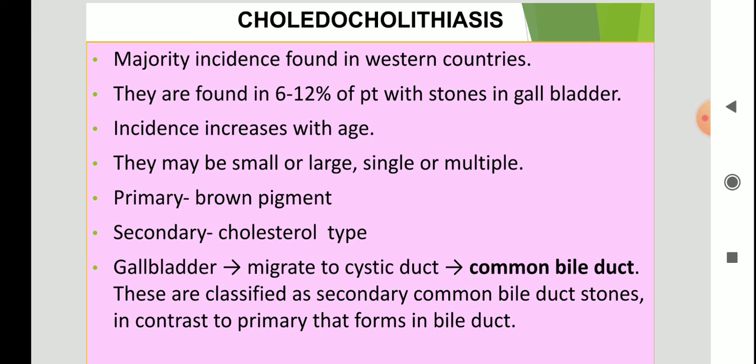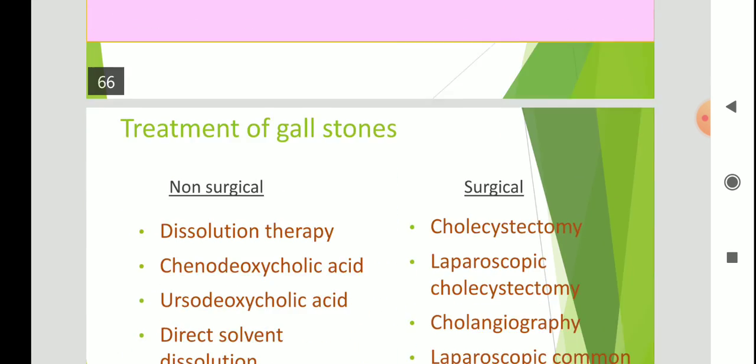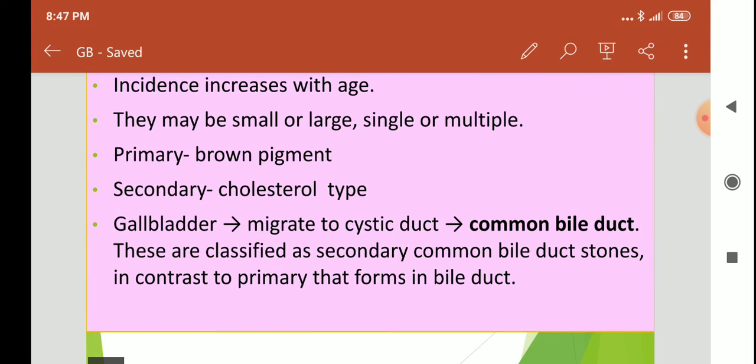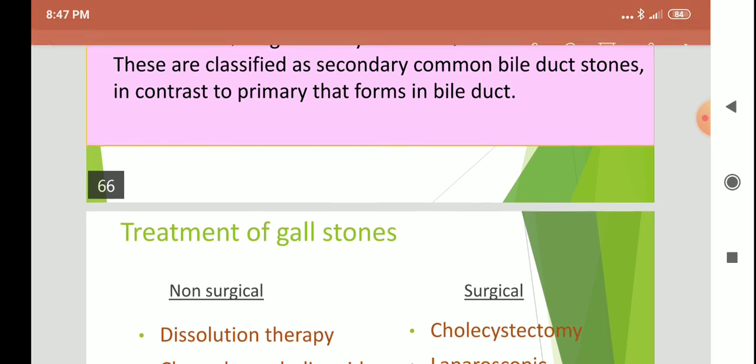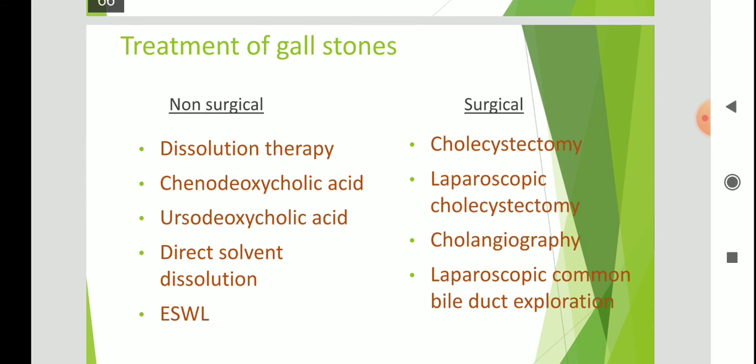So migration from the cystic duct into the common bile duct. These are classified as secondary common bile duct stones, in contrast to primary stones that form in the bile ducts. So these stones could also be seen locked up in the common bile duct. Treatment is non-surgical and surgical.